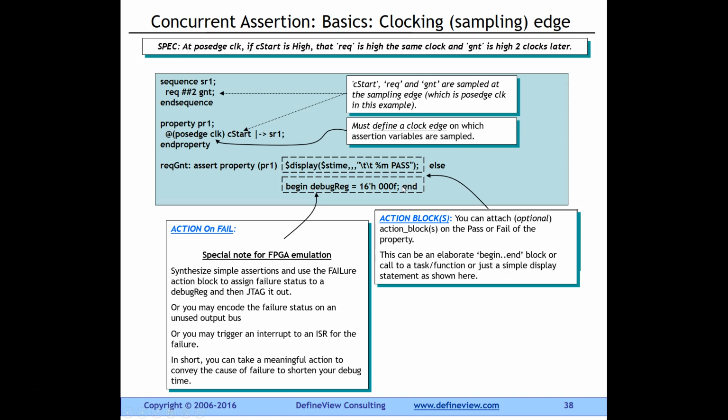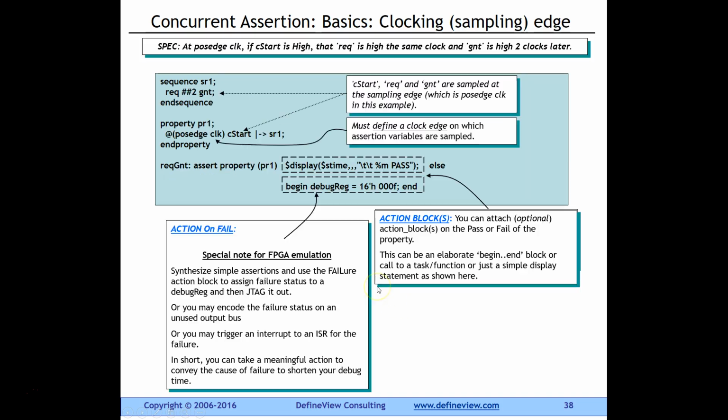But if it fails, how do you know that it has failed? There are so many ways that the EDA vendors have implemented their own methodology on letting you know that an assertion has failed. So, for example, here what I've done is I've taken a 16-bit register and I'm assigning it a value. And then through FPGA, you can scan out this value, and if the value is F, you know that this particular assertion failed. This is the easiest way to debug. And since the assertions again are being synthesized, it's a great boon to productivity and debuggability.